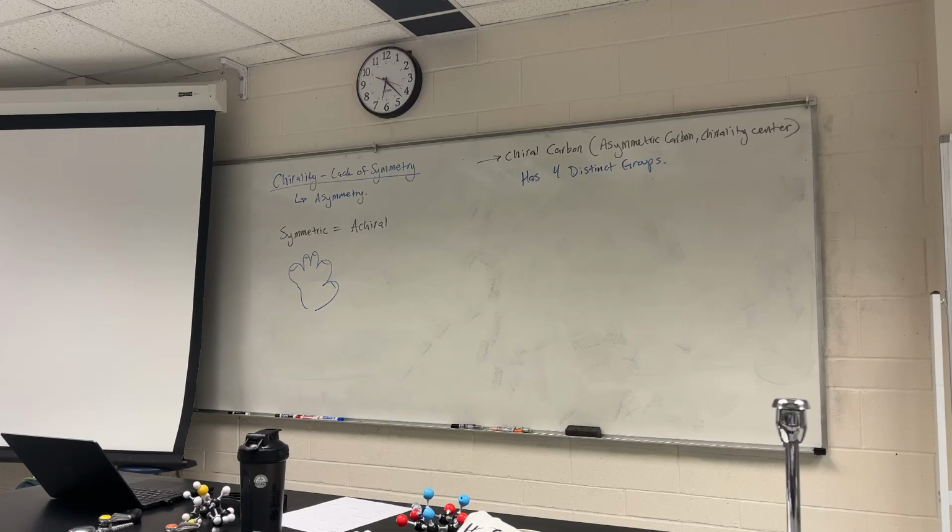Okay, so there's only 1 carbon that has 4 groups. It's the CH3. Does it have 4 distinct groups? No. Remember, it's an end, so it's a carbon. There must be 3 hydrogens there. Does it have 4 distinct groups? No, it has 3 hydrogens. Those are all the same group. So acetaminophen has how many chiral carbons? 0.